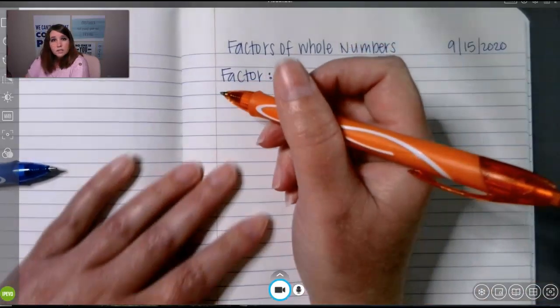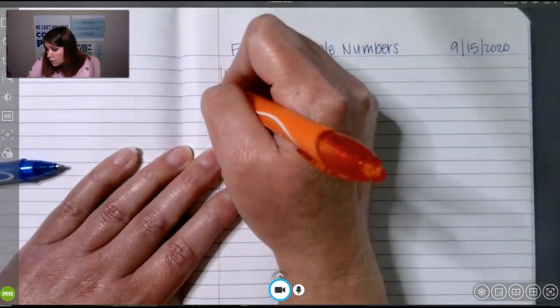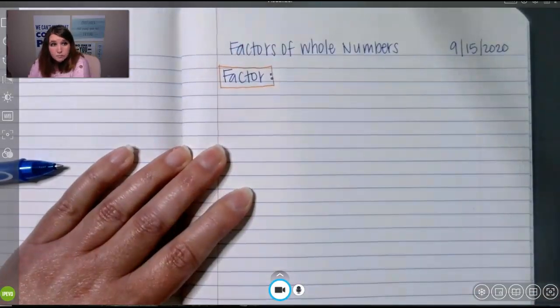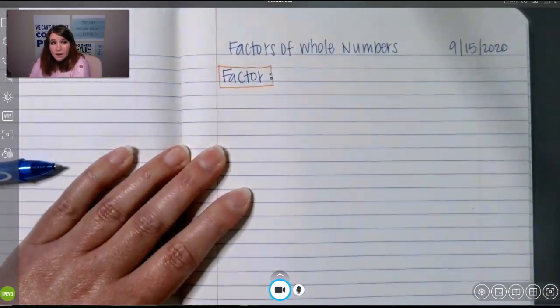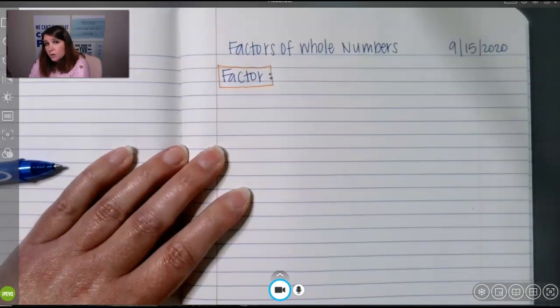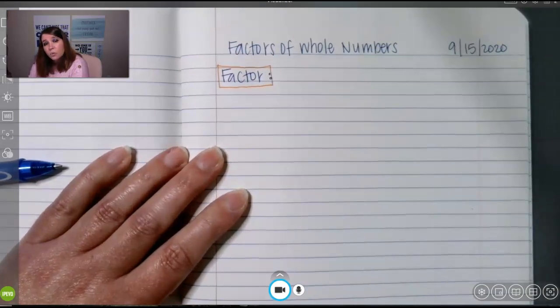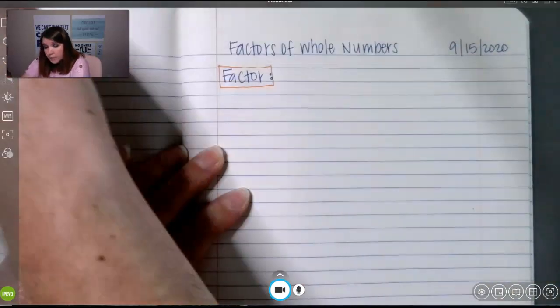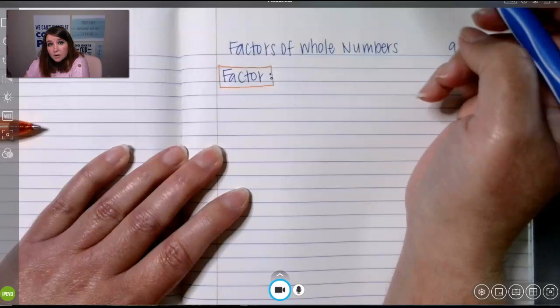All right, so the first thing that we want to talk about is the word factor. A factor is any number that you can multiply together with another number to get a product. So it's the numbers that we multiply to get a product.